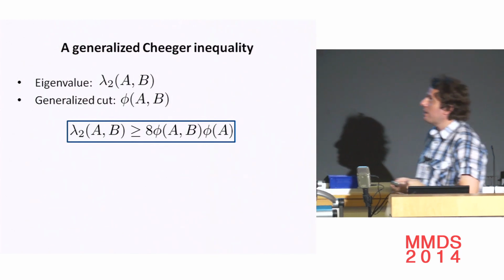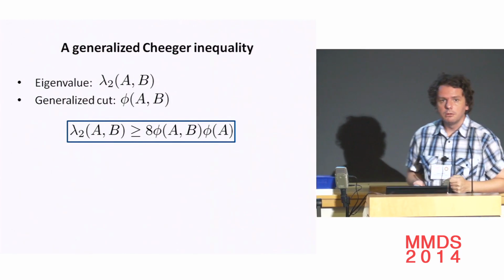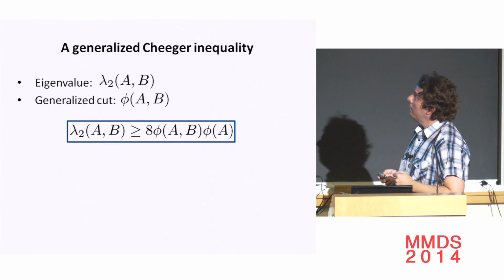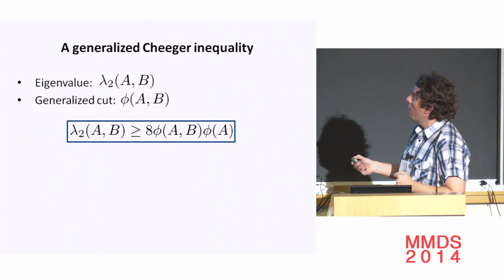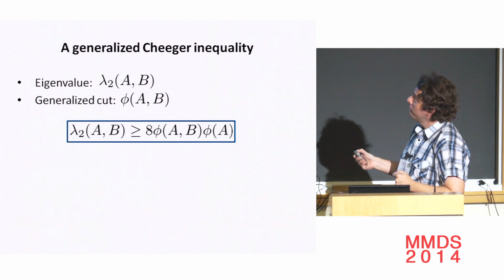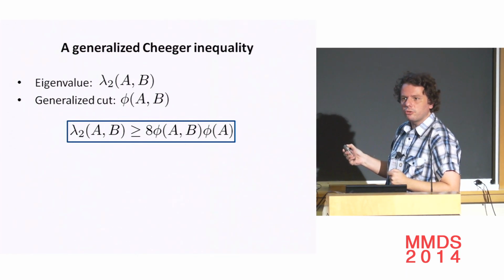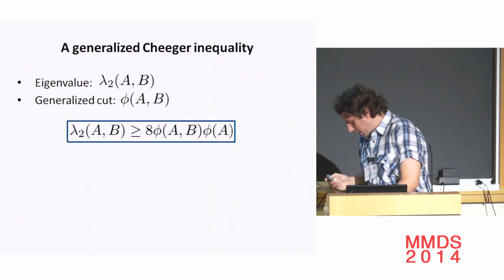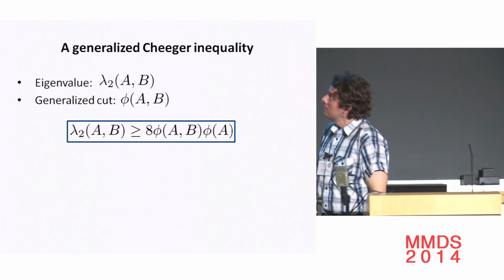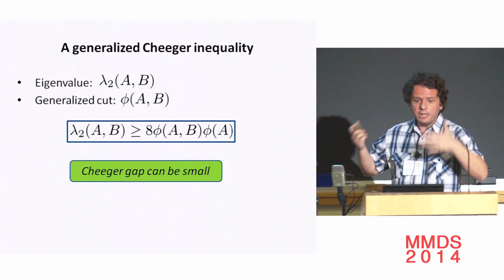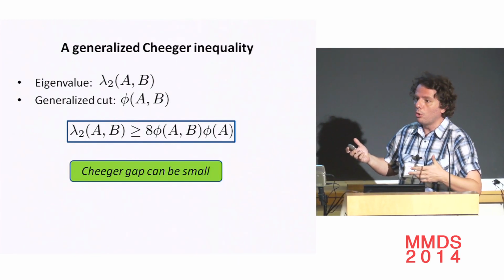So these two things are related in a very simple way. The simple way is that one is bounded by the square root of the other times the usual conductance of A. So in other words, there are graphs or cases where this generalized Cheeger gap is small.